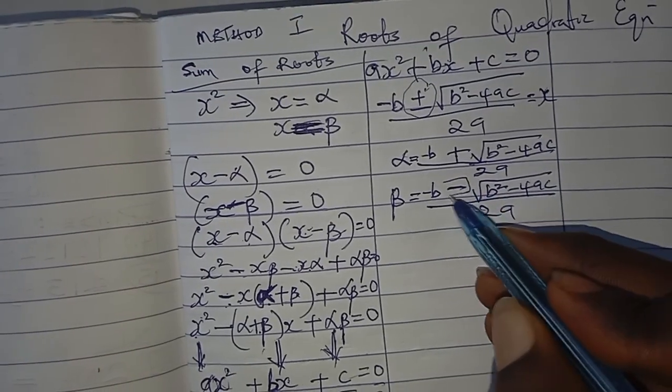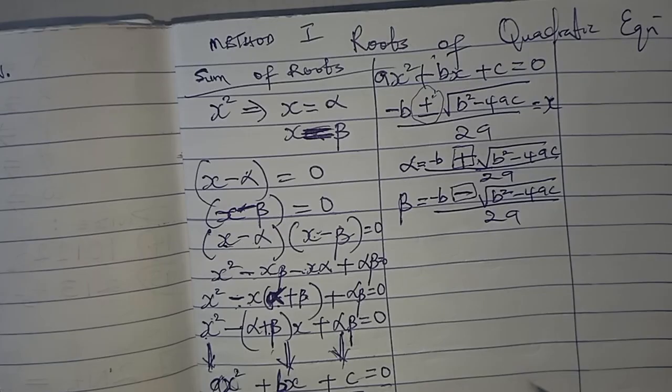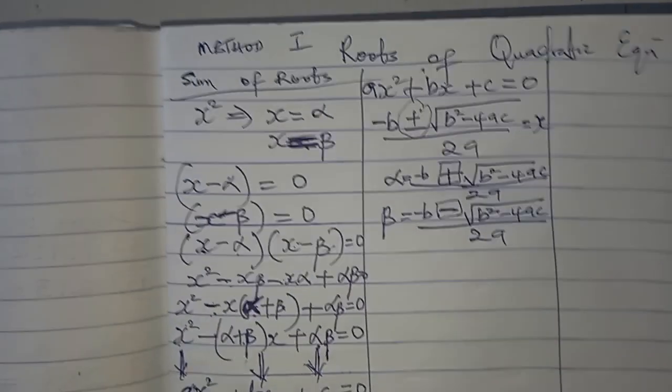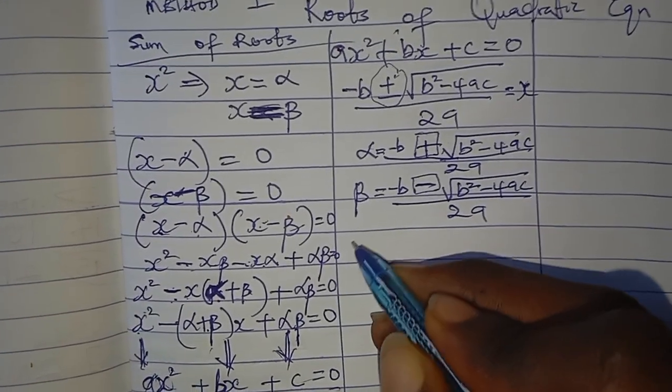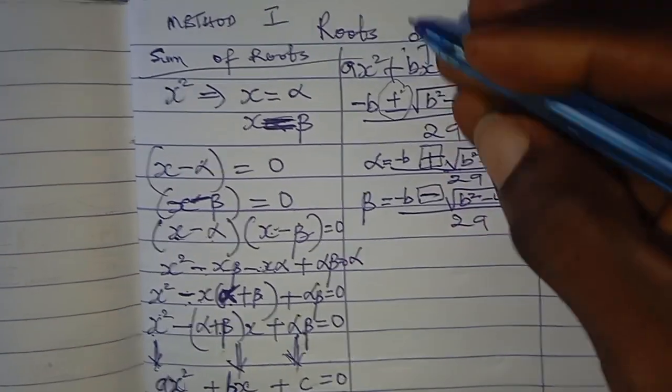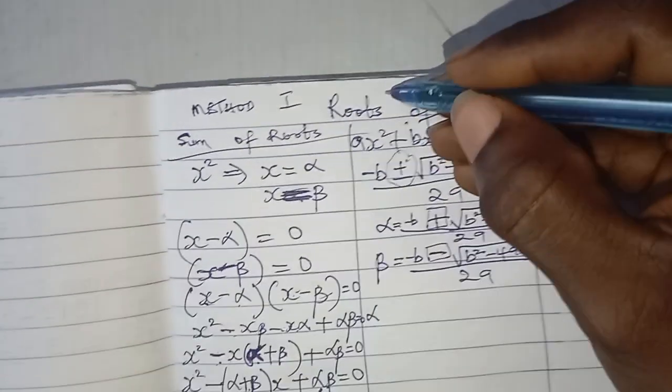So notice this. If we know this, we can now find the sum of the roots. Remember that what we are doing here is method 2.